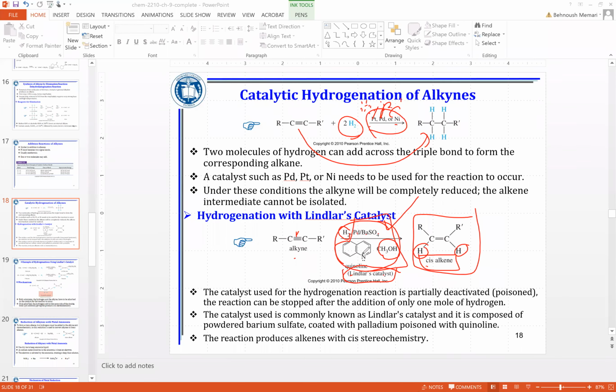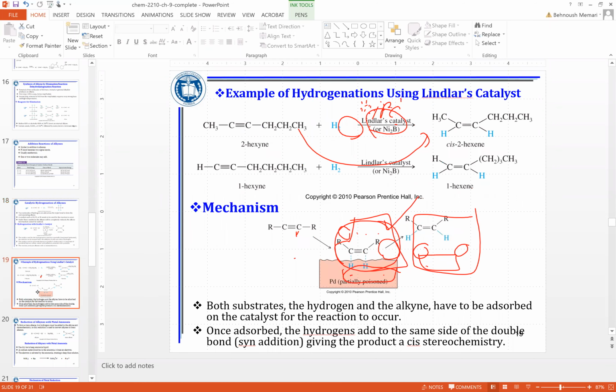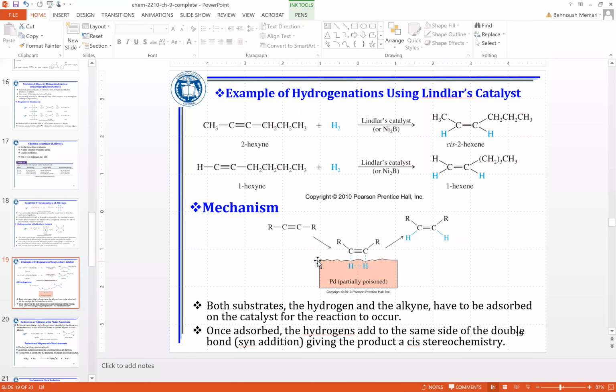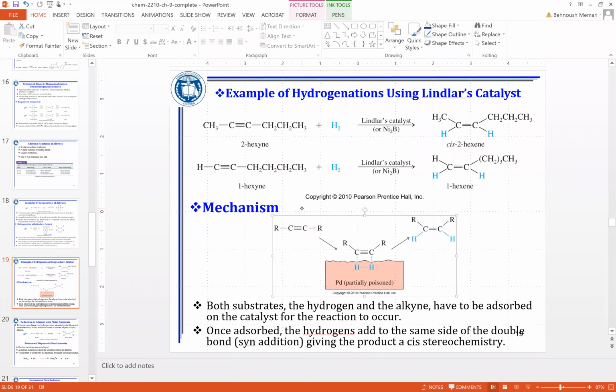Why cis product? You remember from hydrogenation of the alkene, I said addition happens at the surface of a solid catalyst. So basically, hydrogens are already on the surface of the catalyst. Alkyne comes in, this forms a bridge, and hydrogen adds at the surface of the solid catalyst to each of these carbons.